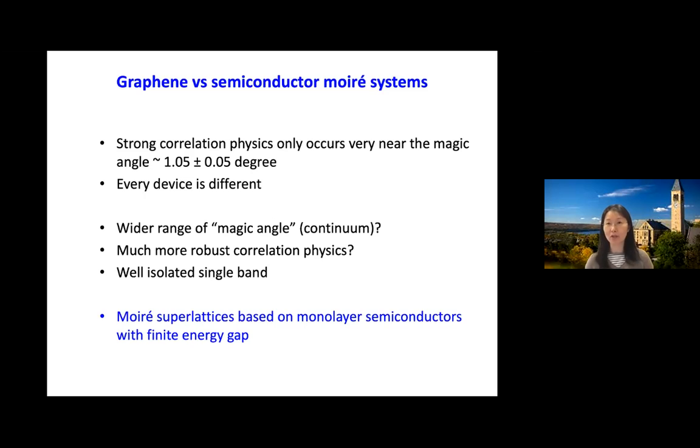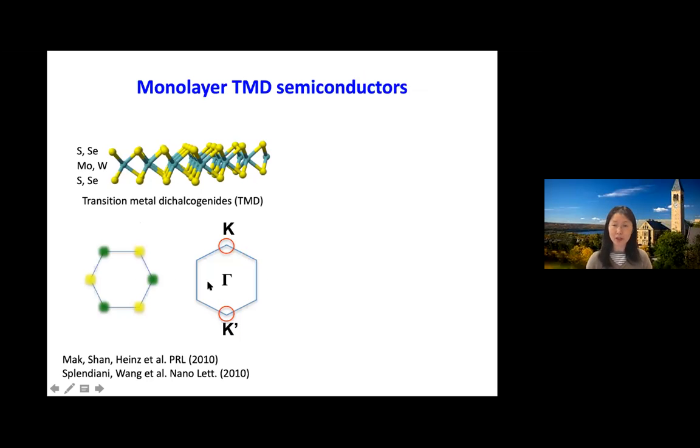And this is the motivation to go with the monolayer semiconductors. So let me just give a few words about this class of material. I'm sure most of you have already heard about this or maybe worked with this.